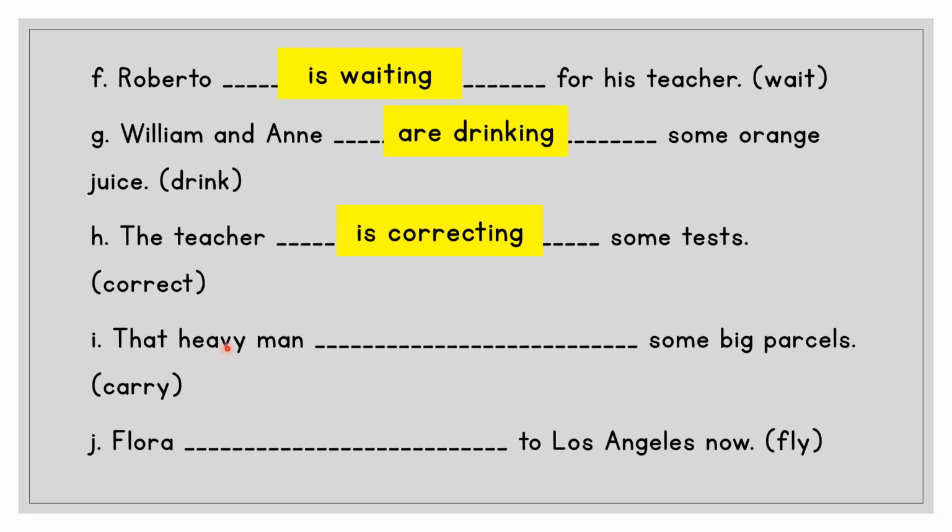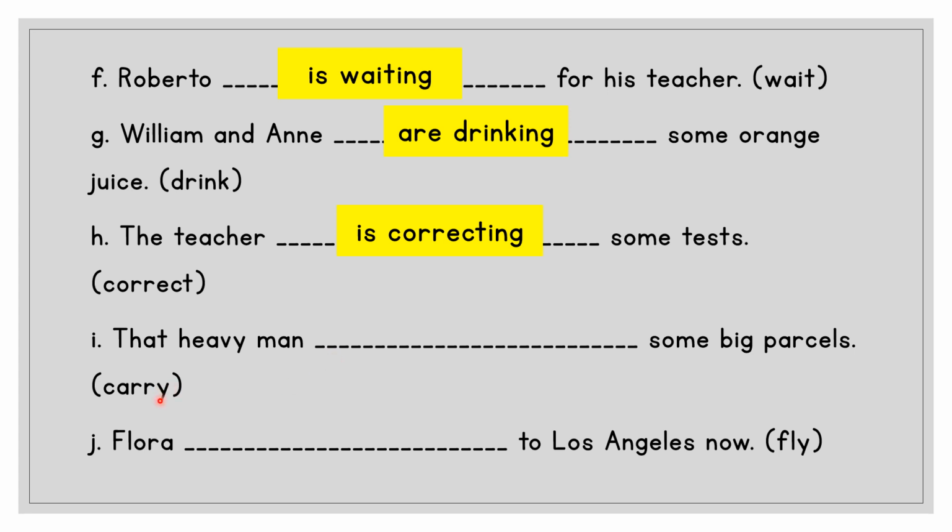Next. That heavy man. Lelaki yang berat itu. Okay, man. How many people is the word man? Man, 1. Kalau M-E-N, tu ramai. Kalau M-A-N, 1, singular. So, that heavy man is ke are?